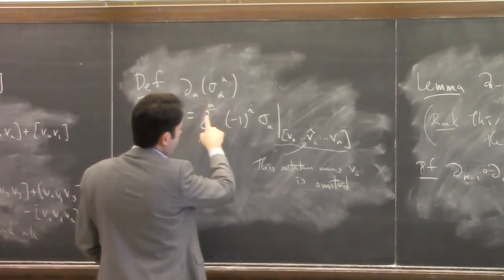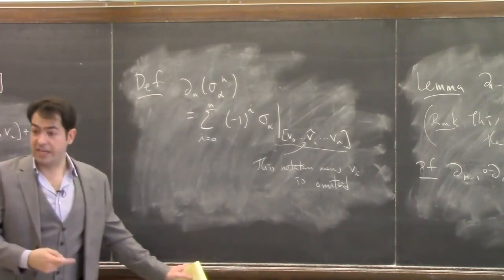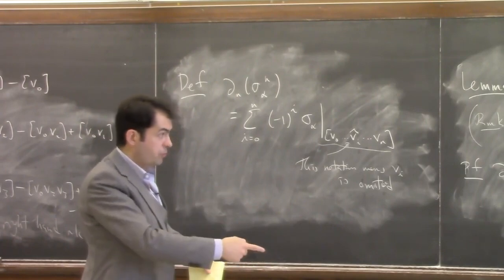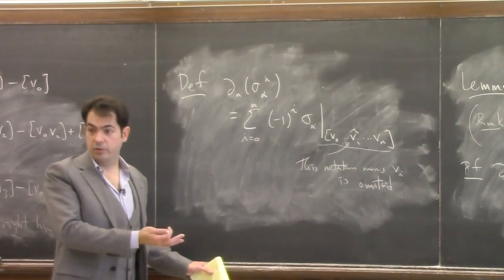I should say here that this is how you define the boundary on each attaching map. I want the boundary to be defined on the free abelian group with these as generators, so you just extend it linearly.